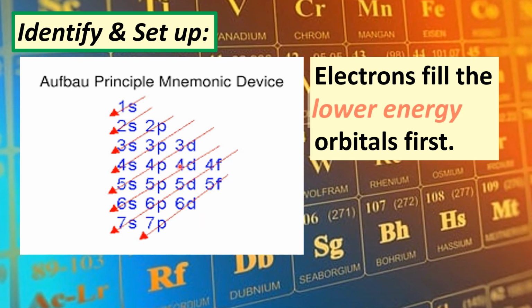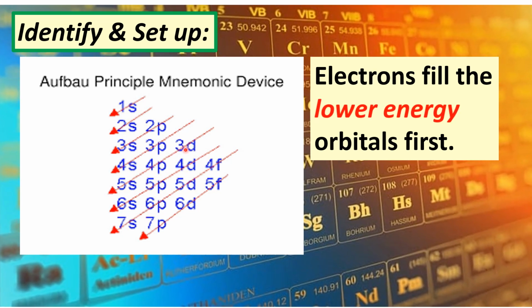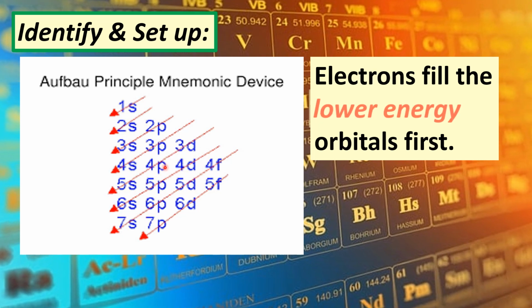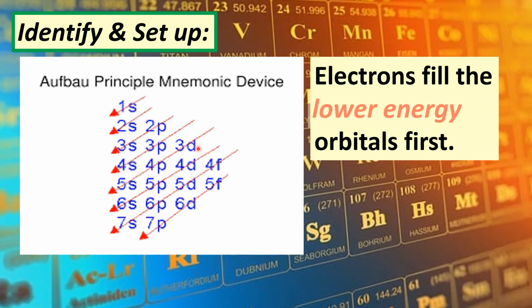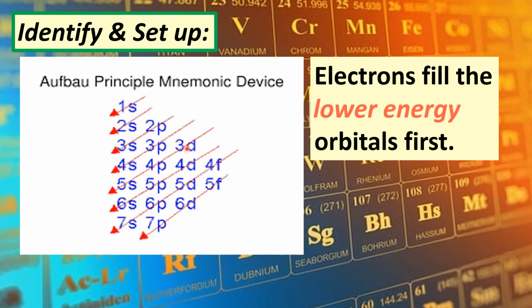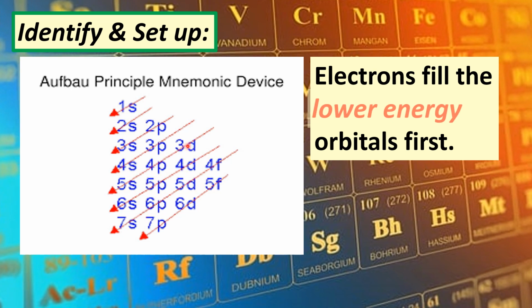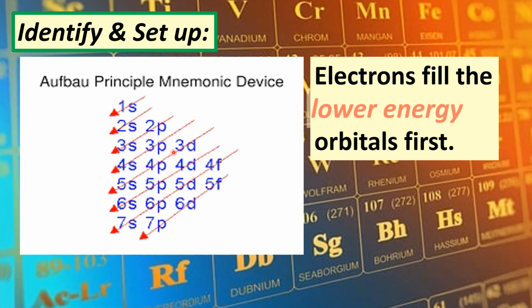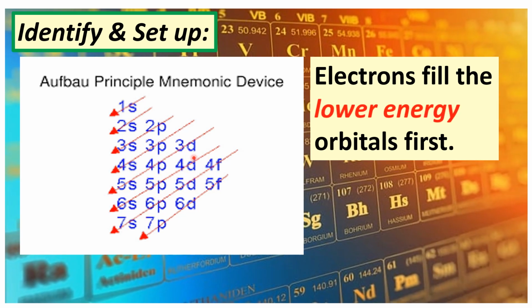You will notice that after 4s, we have 3d. So it's one of what we call overlapping of the orbitals.